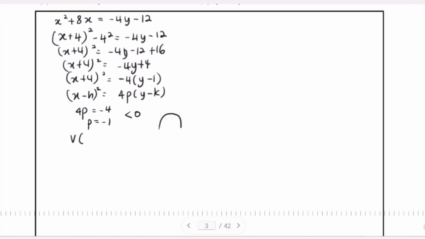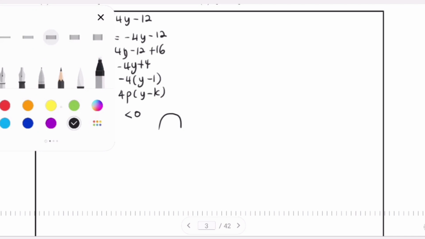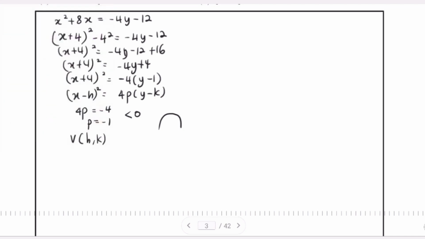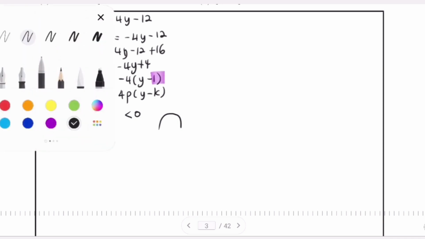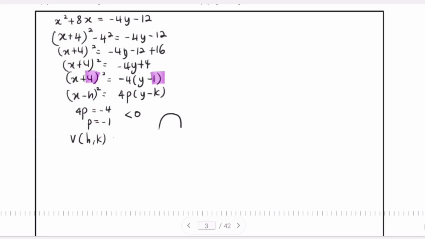Alright, so let's take our v, which is the (h, k), by comparing. You get the values of negative 4 over here and 1 over here. So that will be (negative 4, 1).